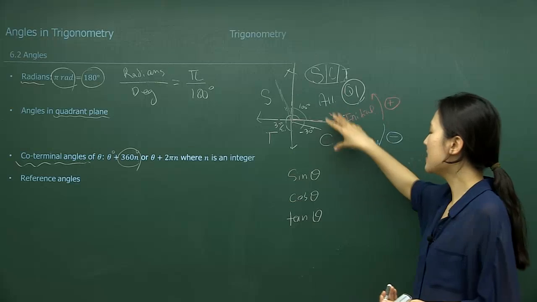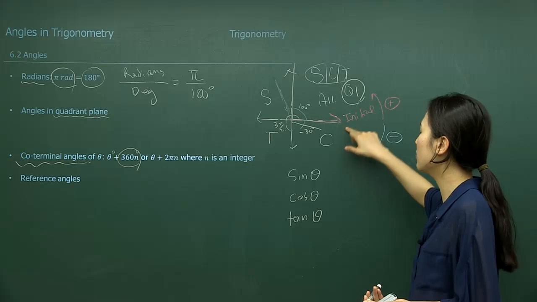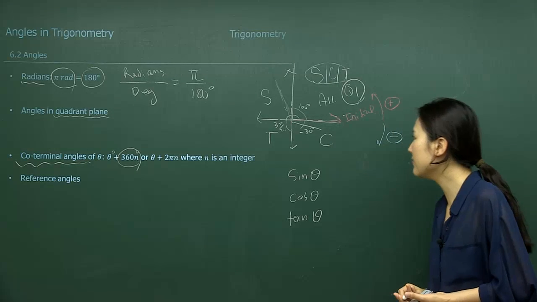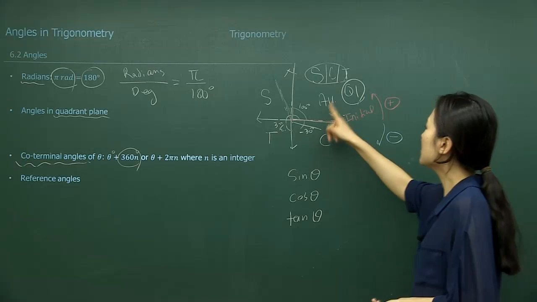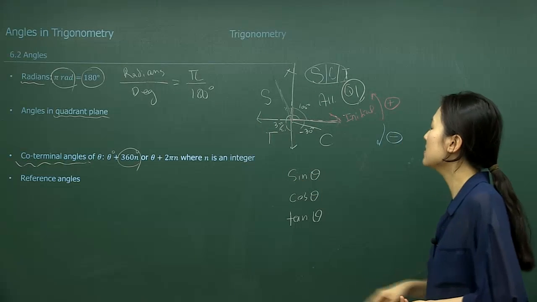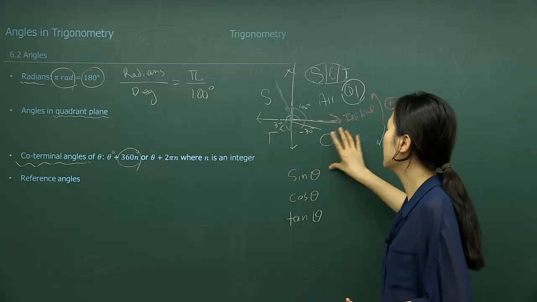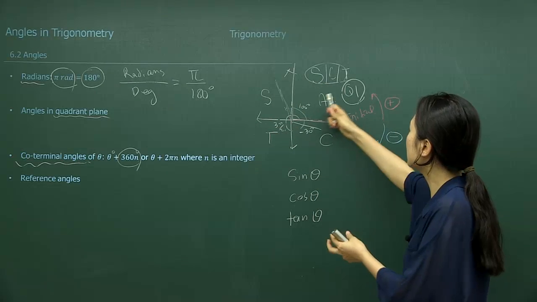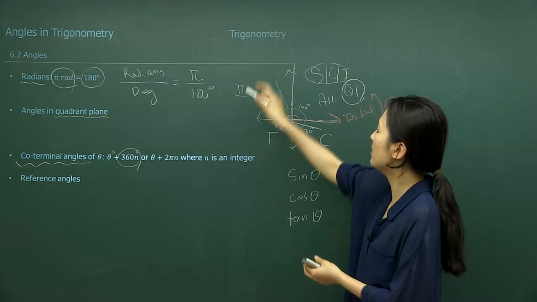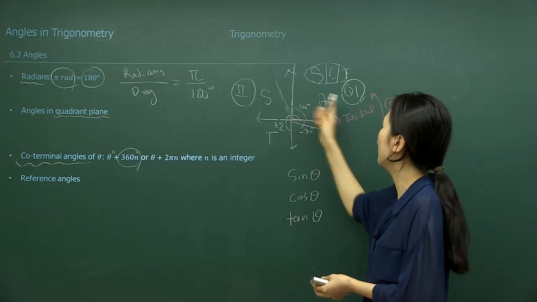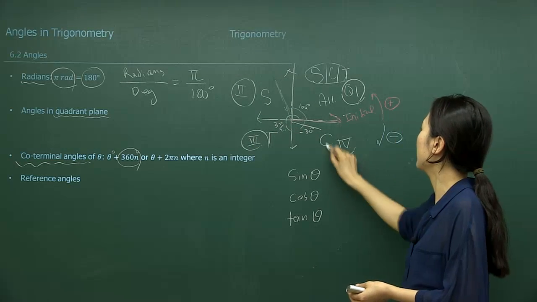And finally, anything from 270 degrees to 360 degrees will keep cosine positive, but sine and tangent negative. So that's what ASTC means, the ratio that will stay positive for each quadrant. And remember, the first part is quadrant 1, then it goes this way, counterclockwise: 1, 2, this is the third one, and this the fourth one.